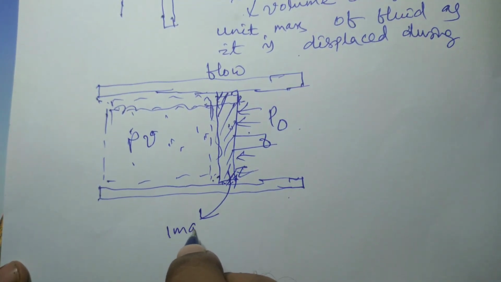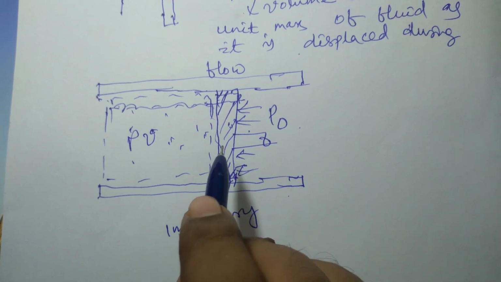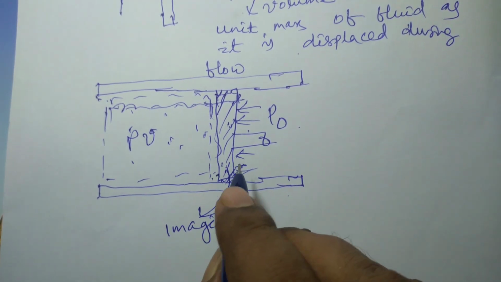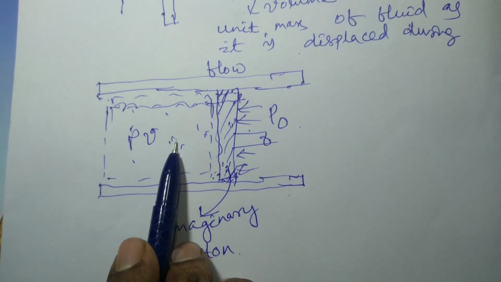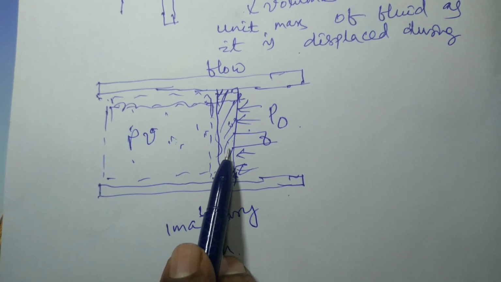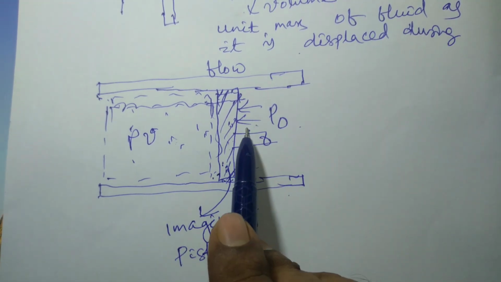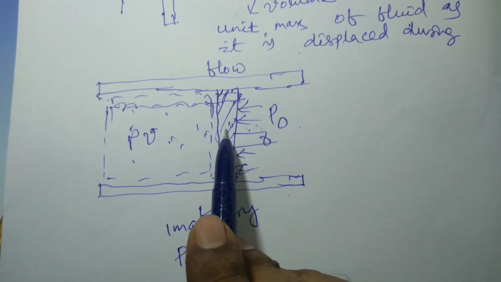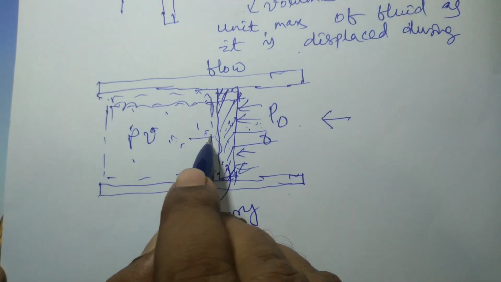Just as in a piston cylinder arrangement in a closed system, this does not exist here, but from an analysis point of view we assume that this is an imaginary piston, and it represents the fluid downstream. Because this is the upstream fluid, it pushes this downstream fluid, so it can be considered, or analyzed, as an imaginary piston. And this is the pressure exerted by the surroundings or atmosphere on this downstream fluid or imaginary piston. This P0 is acting in the opposite direction and this pressure is acting in this direction.